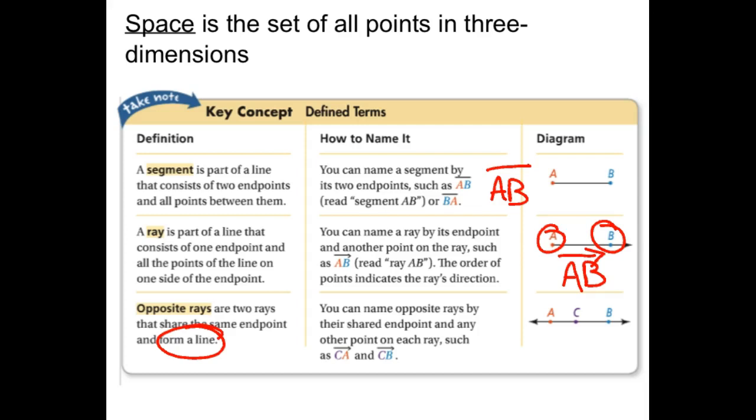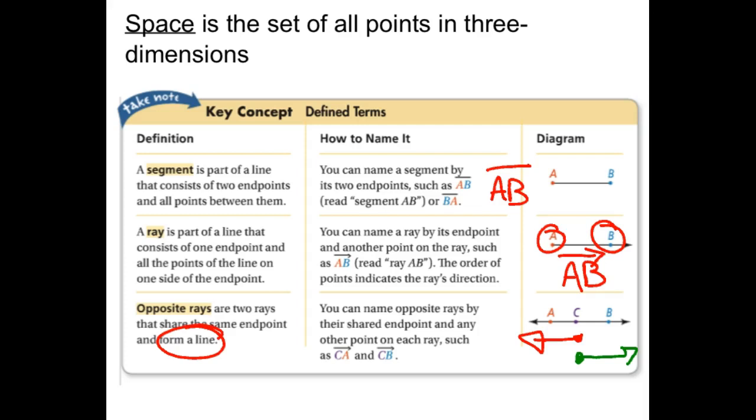You have ray CA, and notice CA goes to the left. But they start with the letter C because that's the endpoint. And then they write down A because that's the other letter on the ray. Then you have ray CB, so it's an endpoint at C and it goes towards B. If you put those 2 lines together, you get a straight line, and that's what makes them opposite rays.